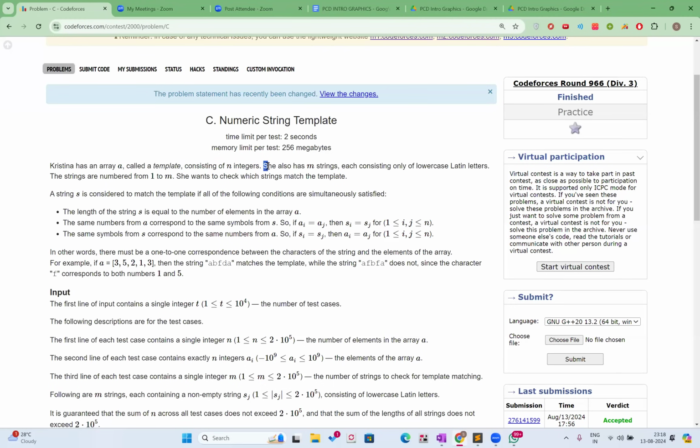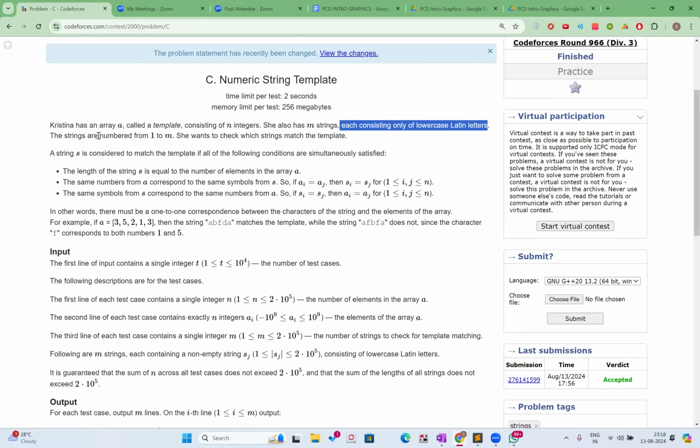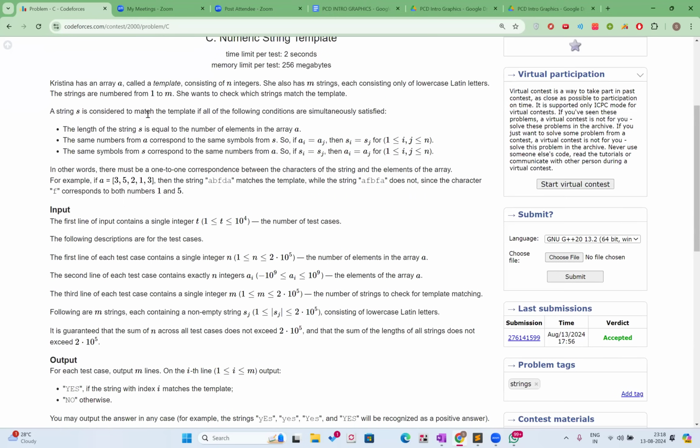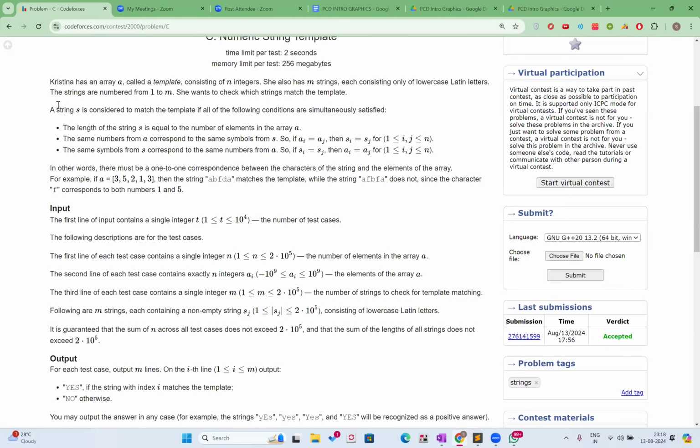We are also given m strings, each consisting of only lowercase letters. The strings are numbered from 1 to m.